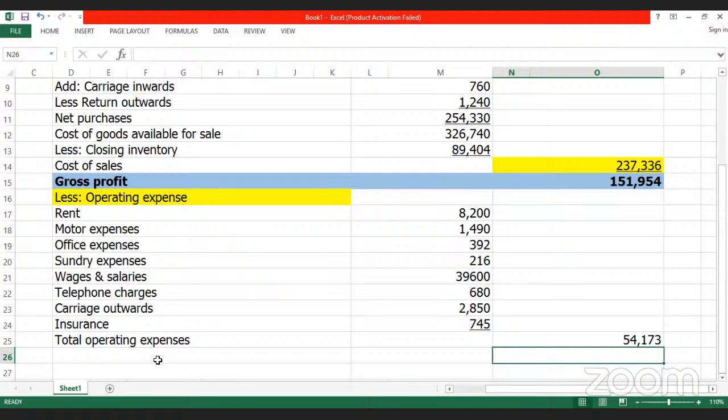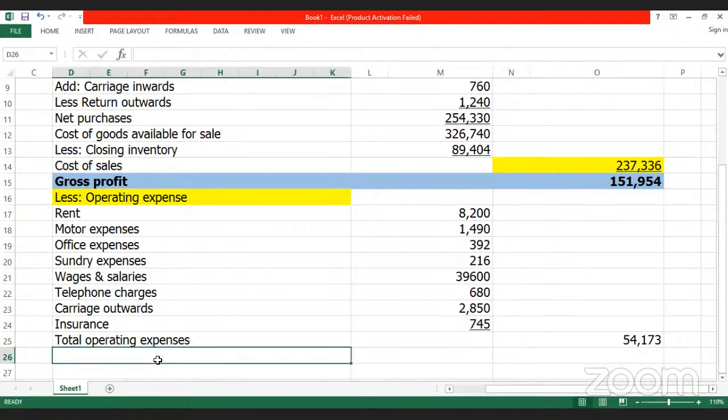Okay. So now after getting the operating expenses, we are going to deduct them from the gross profit to get what we call the net profit.